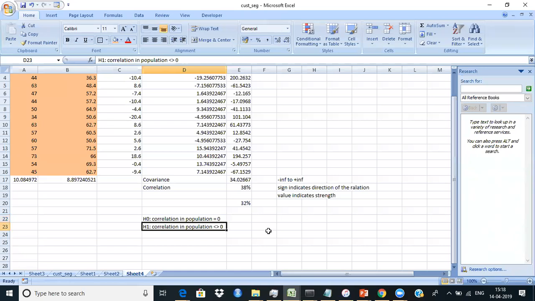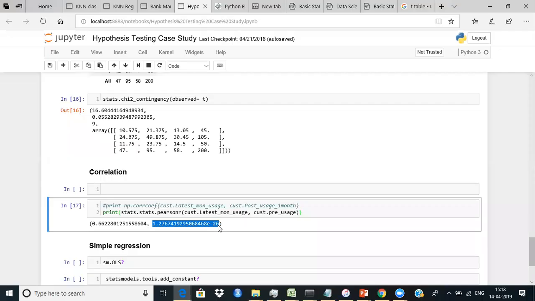Do you understand this? Do you understand the null and the alternate? Yes, sir. Okay. Now, is this P value less than 5%? Yes. Okay. So in a hypothesis testing, if the P value is less than 5%, what do we do? Accept the null.